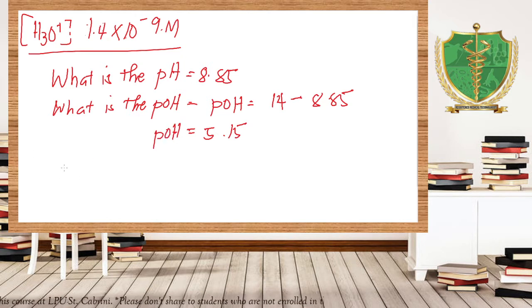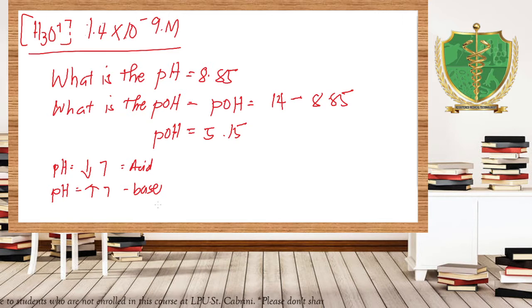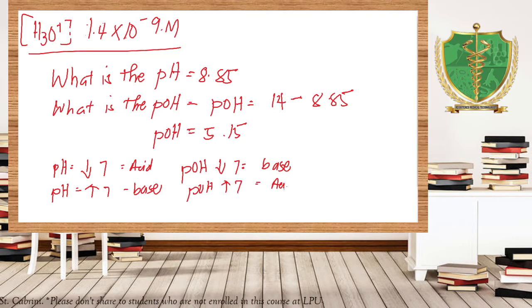Ang sabi natin, kapag ang pH is less than or mababa sa 7, acidic. Kapag ang pH mataas sa 7, base. Kapag ang pOH mababa sa 7, base. Kapag ang pOH mataas sa 7, acidic.